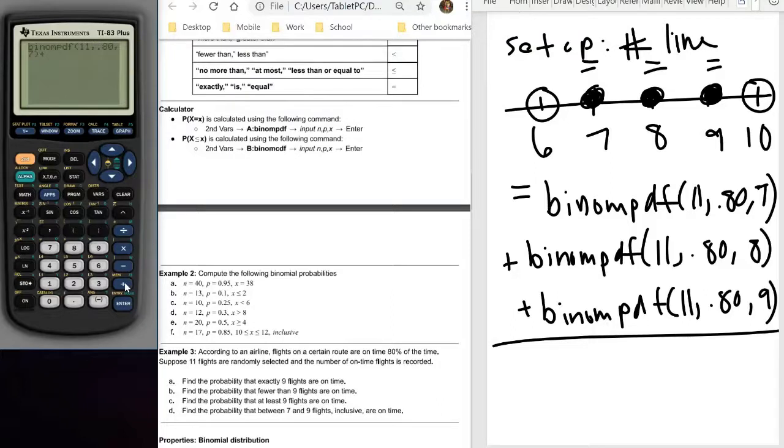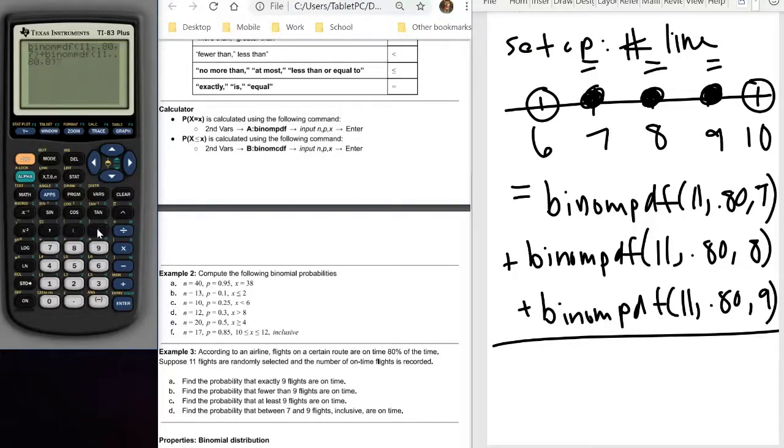Once you're done with the binomial statement and pasting on the home screen, write plus, and you'll do second vars again. Okay, this is our second binom PDF now. 11, 80% success, and then we can now equal to 8.